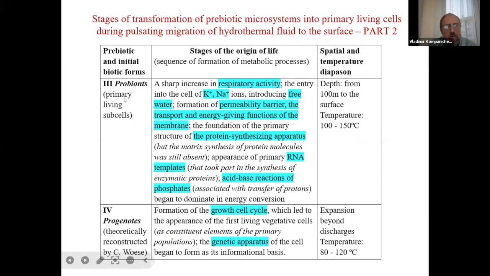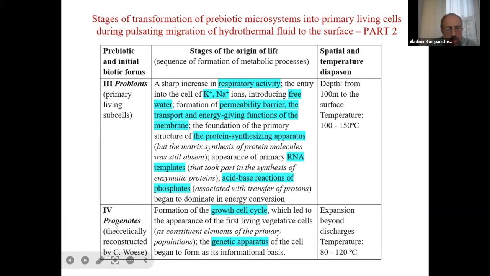The third, formation of probeins, primary living subcells. In them the genetic apparatus is still absent. A sharp increase in respiratory activity, entry of monovalent ions, formation of the protein synthesizing apparatus, acid-base reactions of phosphates, and appearance of primary RNA templates.